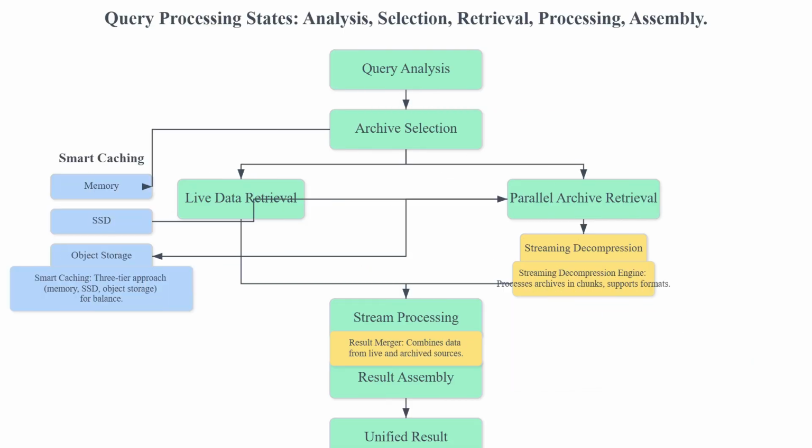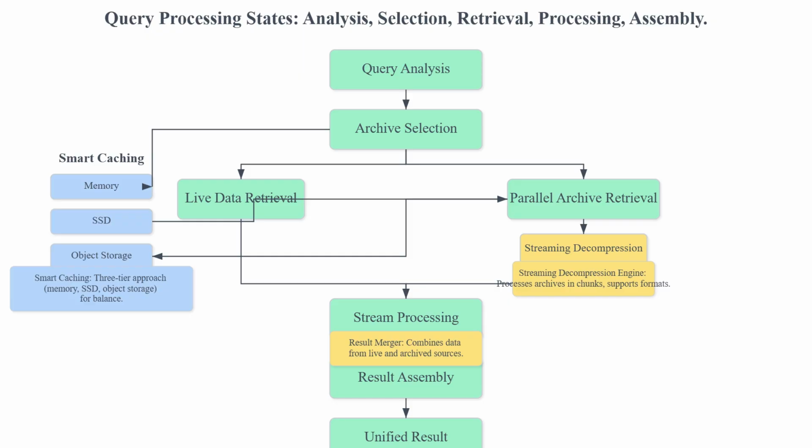Building on our routing and location services, let's explore how the data itself is processed and brought together. First, the streaming decompression engine. It's a workhorse. It doesn't load entire large archive files into memory. Instead, it processes them in chunks.